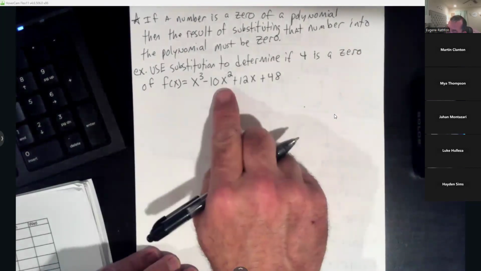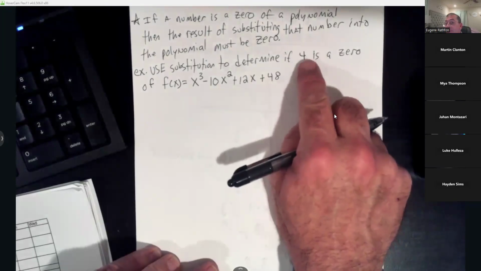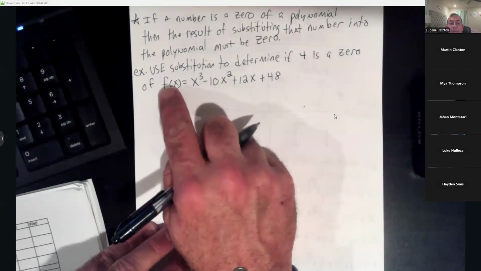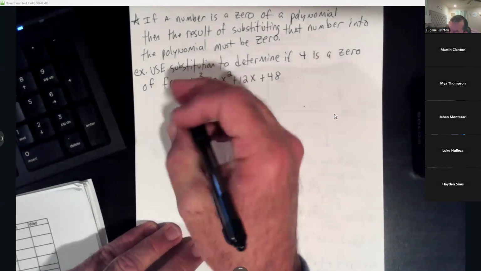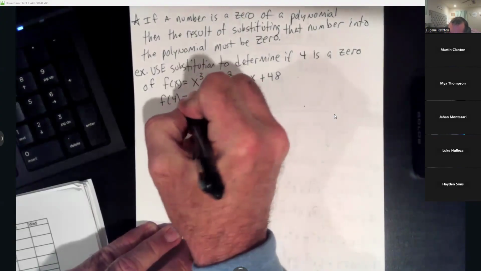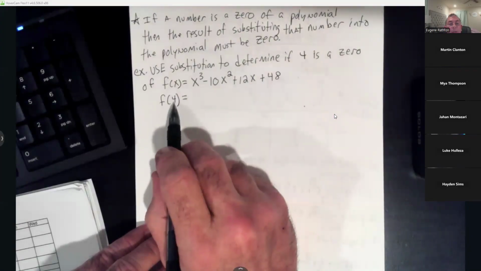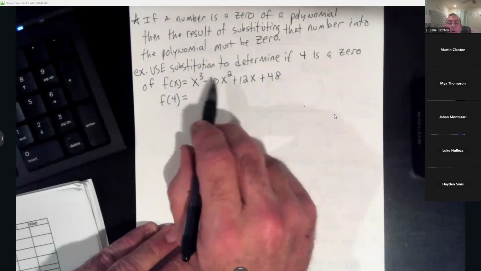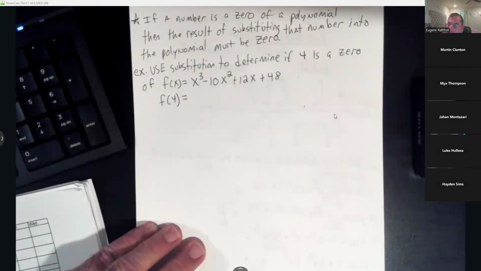So y'all, since I'm checking 4, I'm going to be finding f of 4. So just remember, this is just letting me know that I'm putting a 4 in for all the x's, okay?